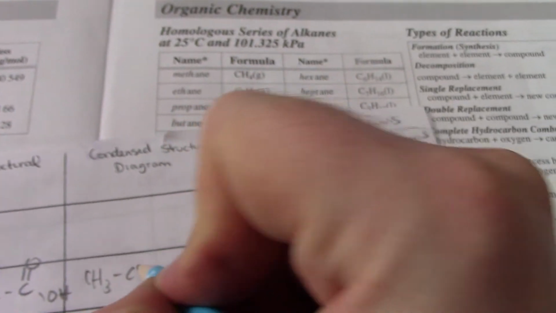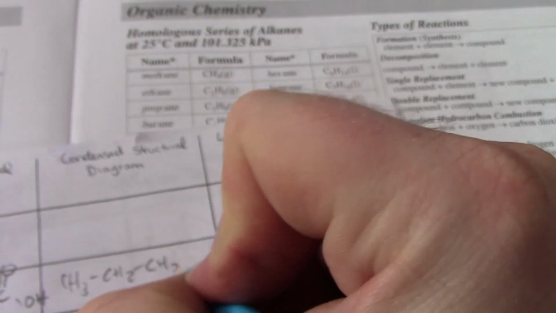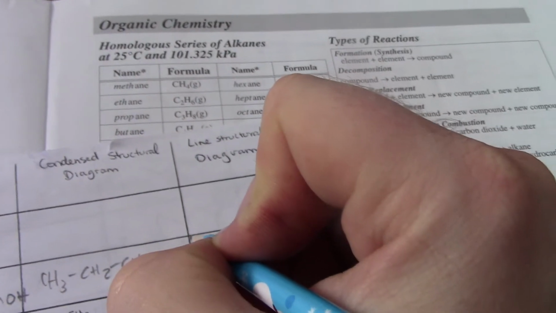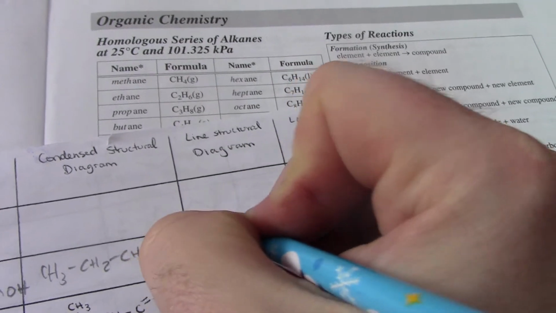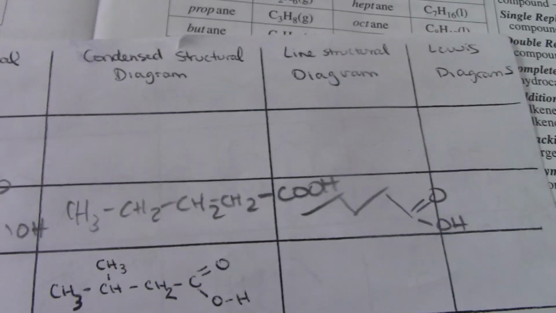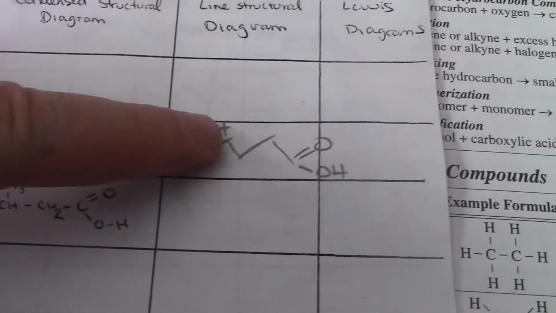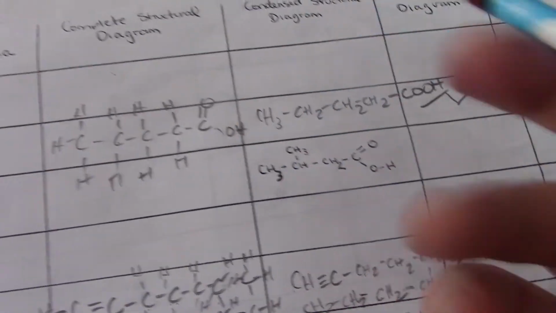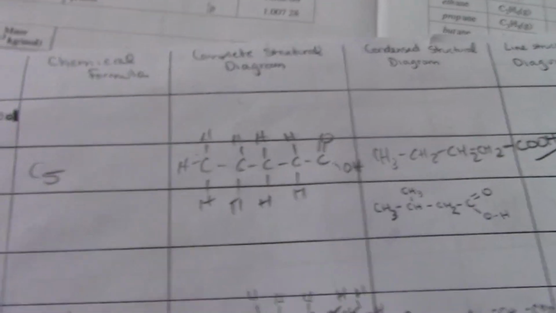Condensed structural diagram looks like this. CH3, CH2, CH2, CH2, and then it's going to be COOH. Okay, or I could expand the double bond OH out on here if I wanted to, but that's how I would name that. Okay, chemical formula is going to be 1, 2, 3, 4, 5, C5.